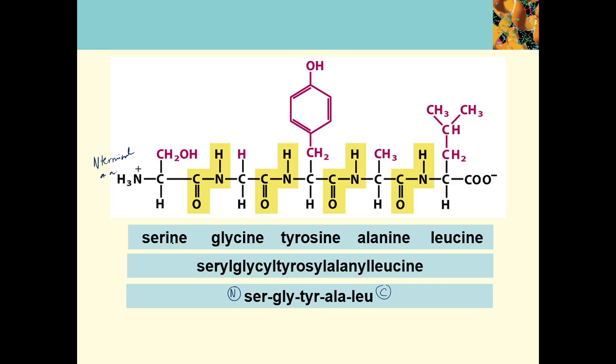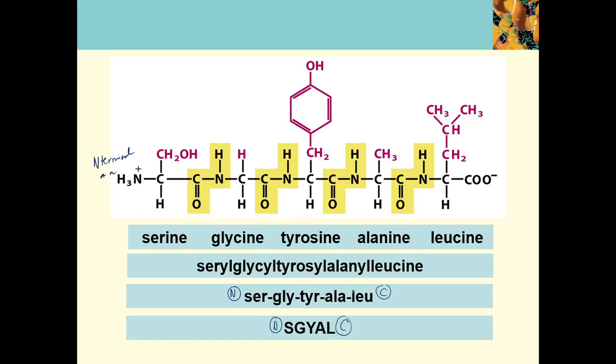Your serine is S, your glycine is G, your tyrosine is Y, your alanine is A, and leucine is given the symbol L. So your amino acid sequence will be SGYAL. Again, if S appears first, then this is your N-terminal amino acid, and your L here is your C-terminal amino acid.